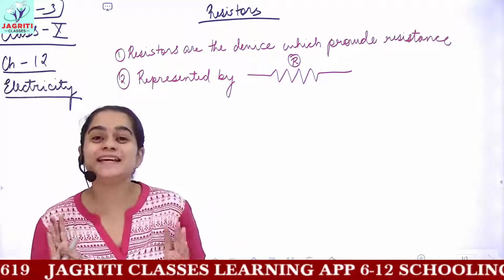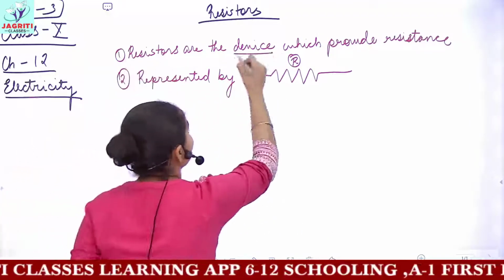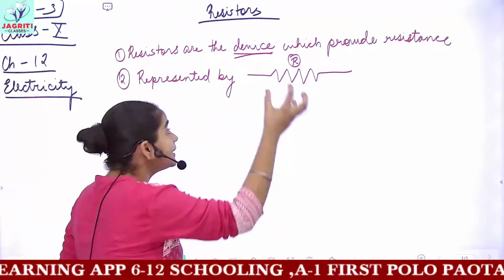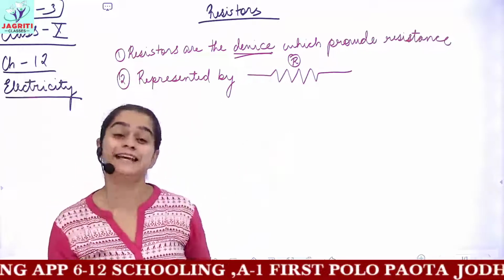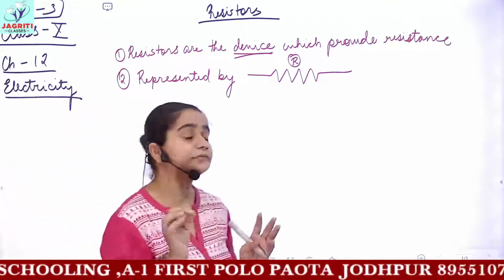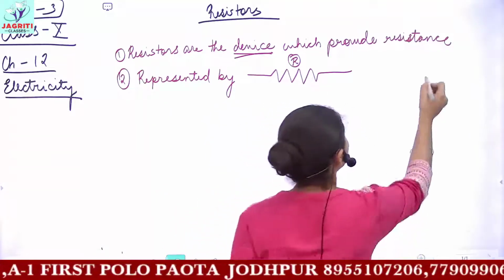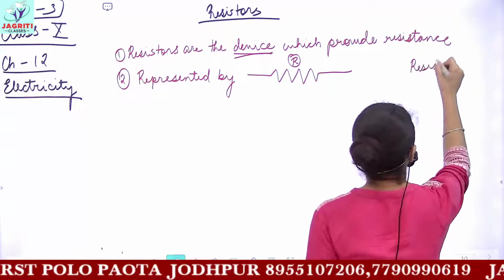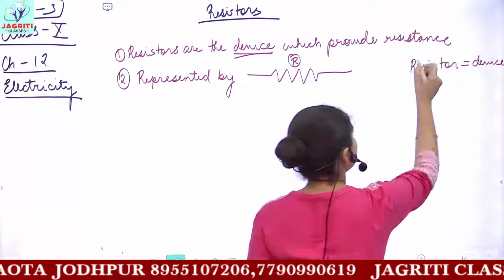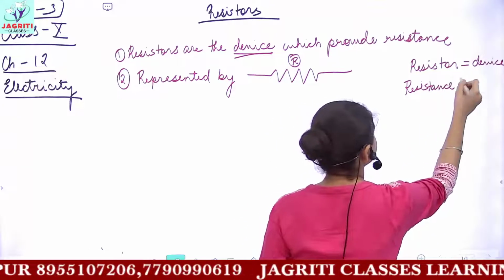So this symbol is for resistors, and R is the magnitude of resistance which the resistor has. I'm not speaking any kind of tongue twister. I'm saying that resistors are the device. So this is your device, this is the resistor, and it has a property of resistance. Resistance we have already discussed, and we have also seen the factors on which resistance depends. So remember, resistor is a device, whereas the property which it has is known as resistance.